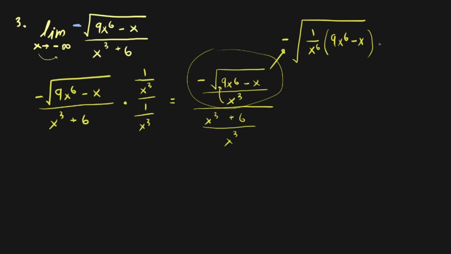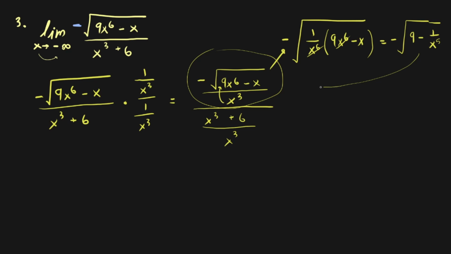Now we can do something with this. So this equals 1 over x to the 6th times 9x to the 6th is just 9, and then x over x to the 6th is just 1 over x to the 5th. So this is the negative square root of 9 minus 1 over x to the 5th.